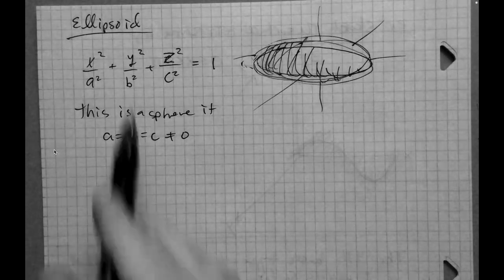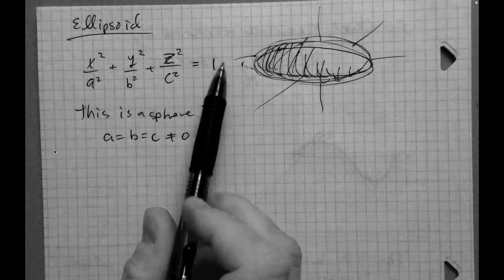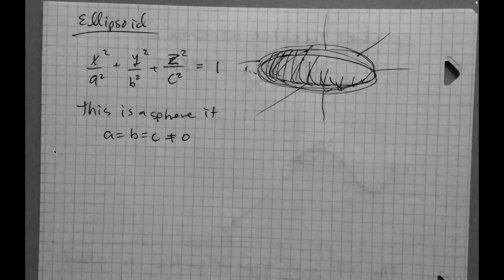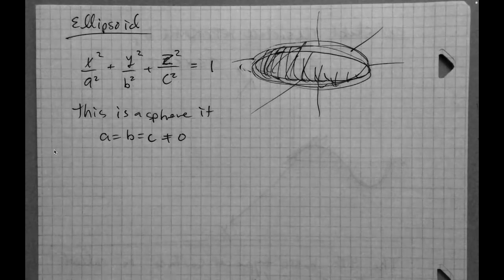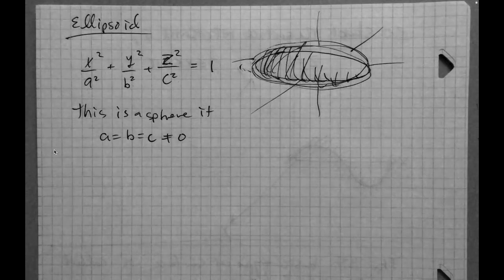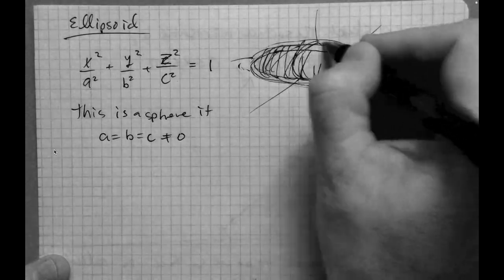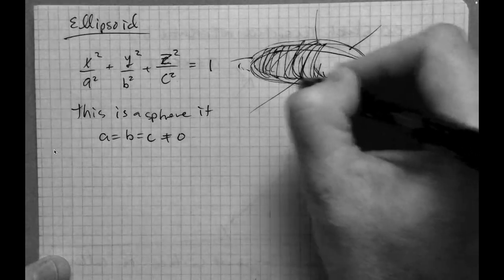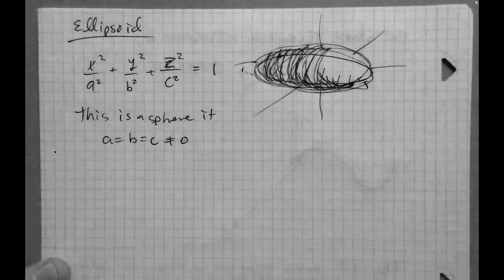Right, because you can imagine if this has all the same denominators, you can multiply through by that, and then you're going to be looking at your radius on the other side there. Okay. So that's the first one. It's called an ellipsoid. Probably the hardest one to draw. It looks a little bit like a blob the way I've drawn it here, but just imagine it's rounded, right? It has a top and a bottom and a side, and it's got some curvature to it all the way around.